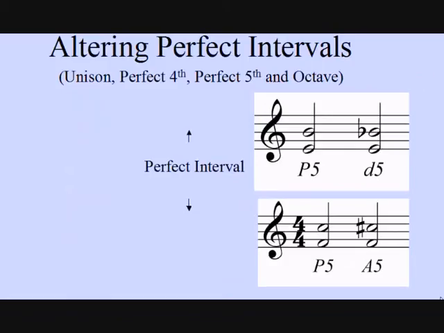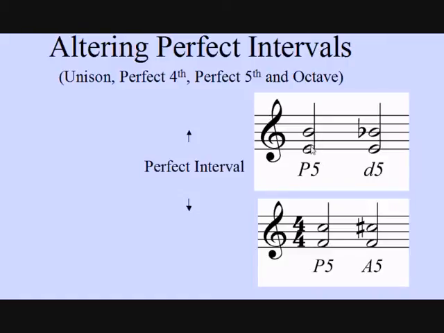In order to learn to name these more complicated intervals, we need to understand what happens to a perfect interval when 1 semitone is taken away or added. For example, here we have a perfect fifth.